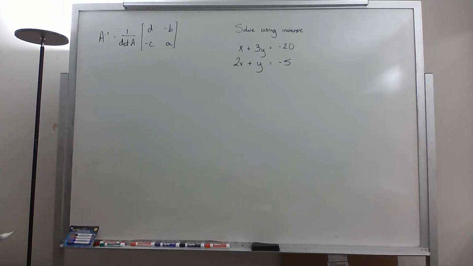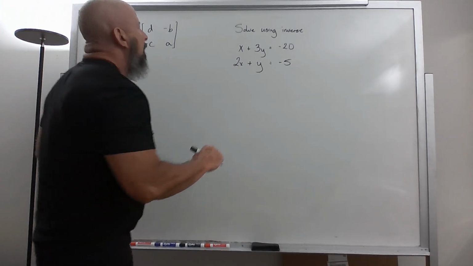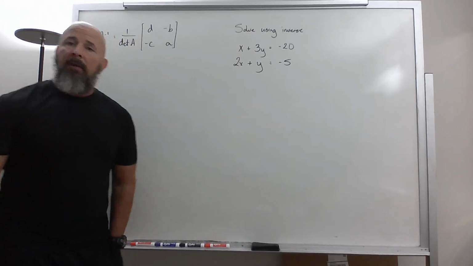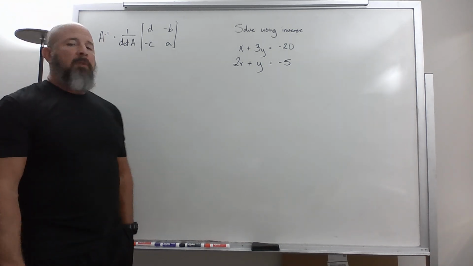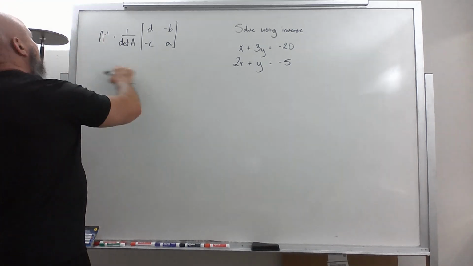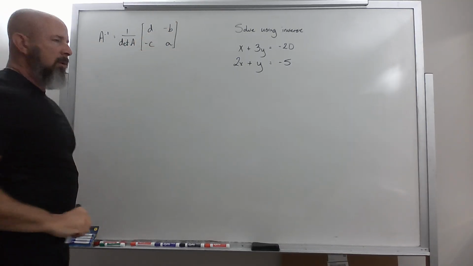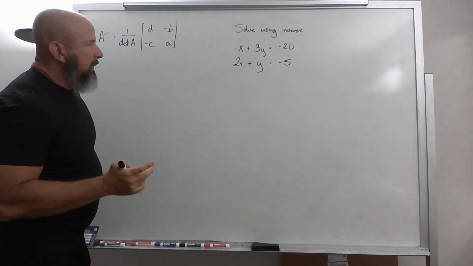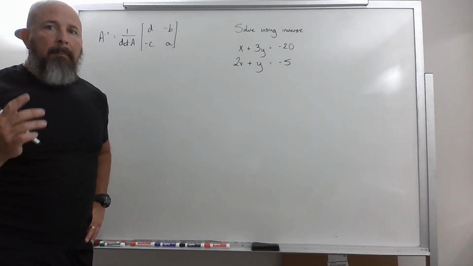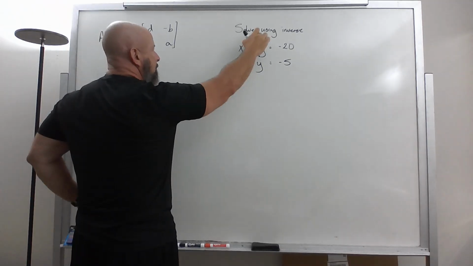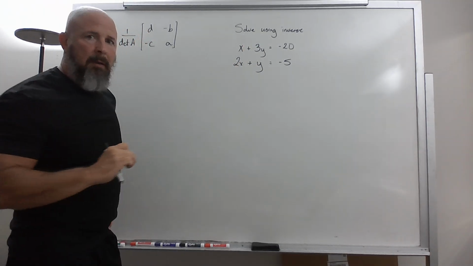All right, I now have a 2 by 2 system up here. The instructions are to solve using an inverse. A little bit ago, we solved a 2 by 2 system using Cramer's rule. Now we're going to take a look at using inverses. I left my formula up there for my inverse. And what I want to do is break this thing up. My original base matrix, again, would be the X column and the Y column.